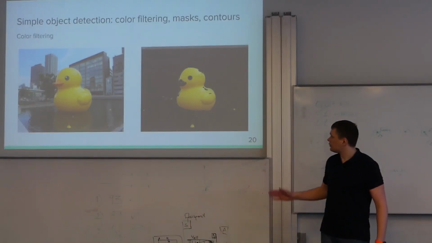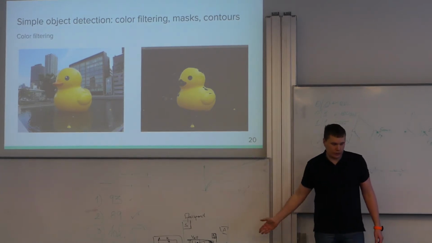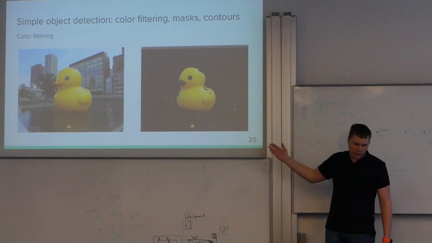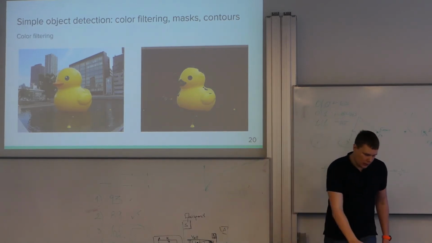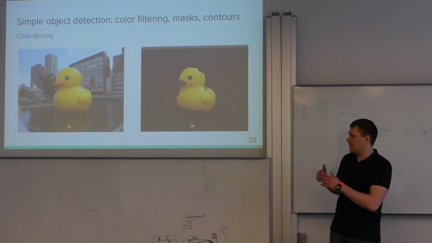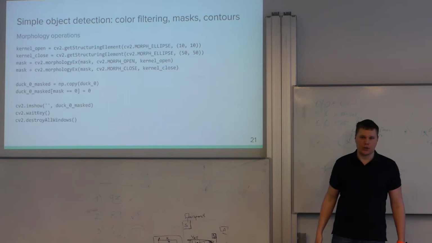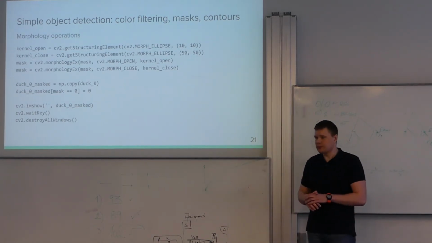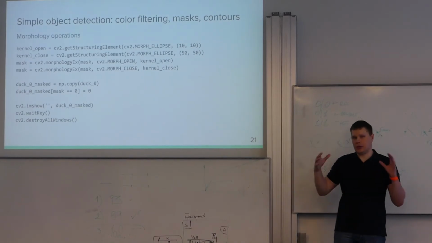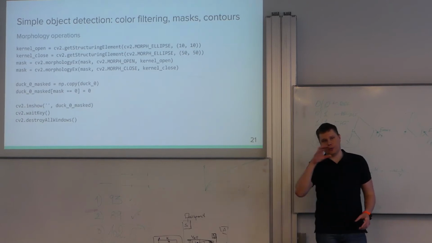So in this image we have two types of problems: yellow regions outside the duck and black regions inside the duck. We can address these problems with morphology operations. There is a morphology operation called opening, and it allows you to remove small regions.